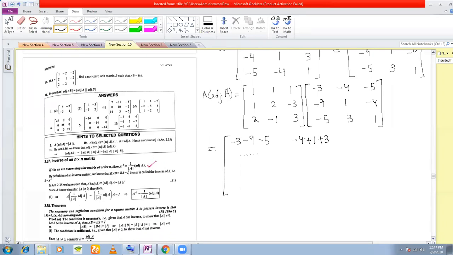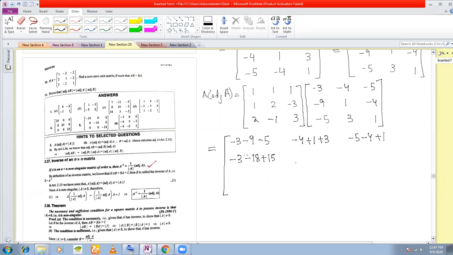Check the multiplication. Minus 5, minus 4, plus 1. Minus 3, minus 18. Okay, second row, first column: minus 3, minus 18, plus 15.